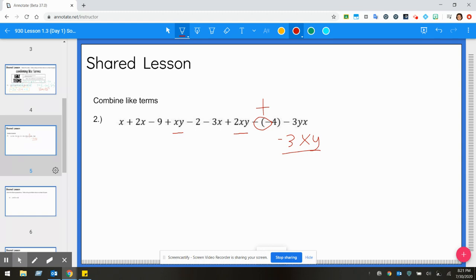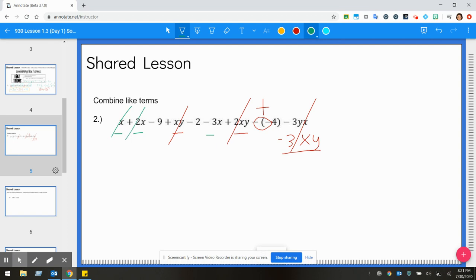1xy plus 2xy gives me positive 3xy minus 3xy. These actually end up canceling out, right? They all add up to be 0, so they cancel. 1x plus 2x minus 3x. Again, I have 1x plus 2x minus 3x is 0.